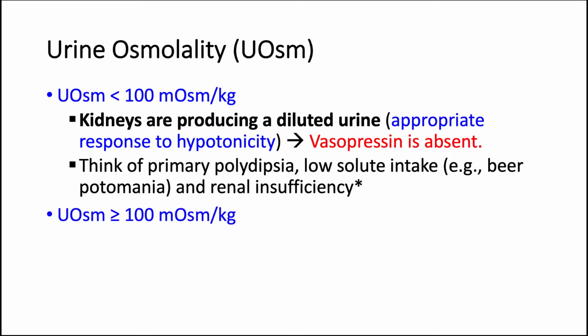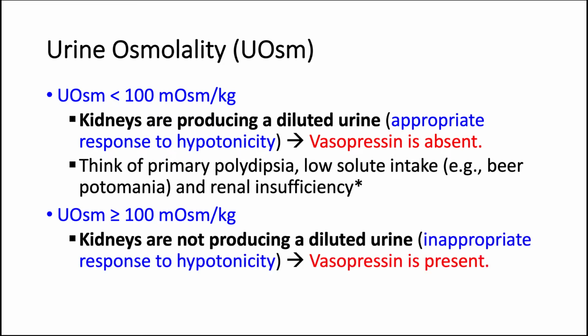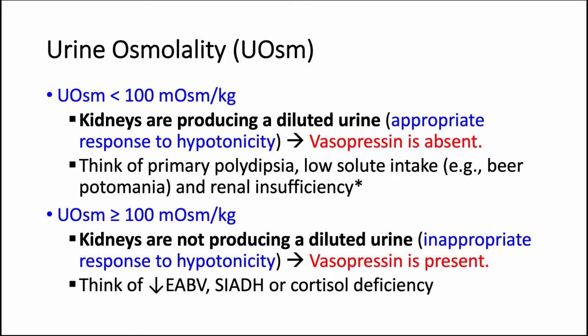Now what happens when the urine osmolality is more than 100? When that happens, that means that the kidneys are not producing a diluted urine, and that's inappropriate, right? Because your kidneys should be able to dilute the urine maximally, but if they are unable to do it, then that means that there is ADH present, that there is vasopressin in the blood. And that narrows your differential to three main groups.